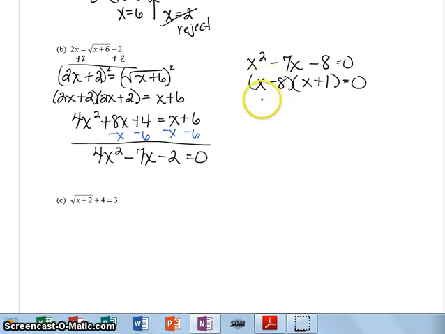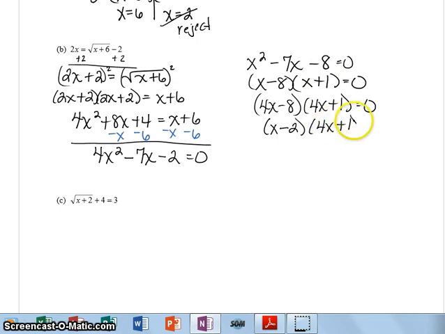Okay, so now I slip back in the 4 in front, so I get 4x minus 8 and 4x plus 1. Now I divide out this 4. If I divide them both by 4, I'm left with x minus 2. Okay, this binomial, nothing divides out, so you're left with 4x plus 1. Okay, split, and I get x equals positive 2 and x equals negative 1/4.